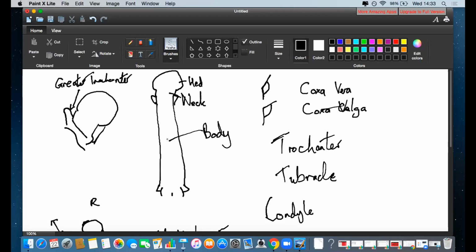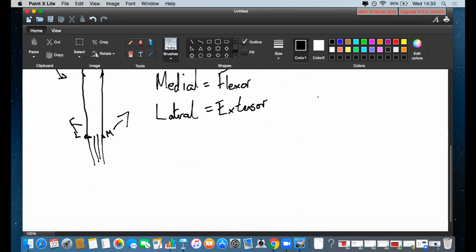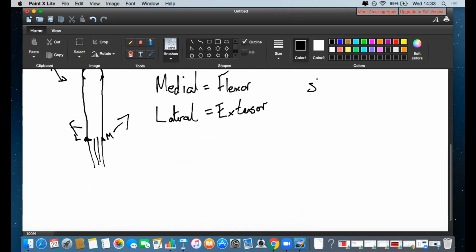One of the significant ones to know is the short head of the biceps femoris, the hamstring. The origin attachment is going to be on the shaft of the lower part of the femur posteriorly. And then when we look at the posterior aspect of the humerus, we also have the triceps.